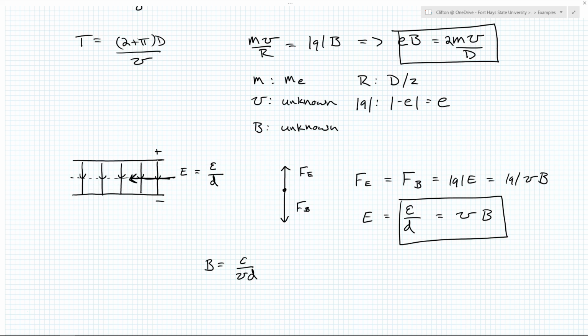So that means if I now plug this into the top equation, the left-hand side is the elementary charge times the magnetic field. I'm going to subscript this with an e because it's a constant. It's the electron's mass.